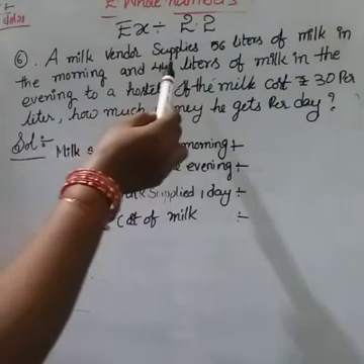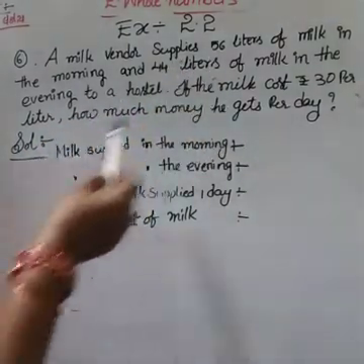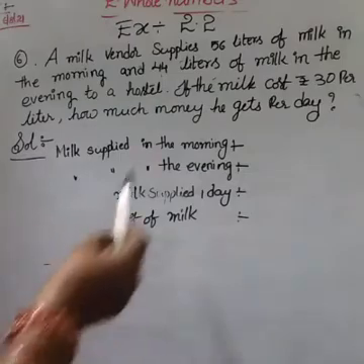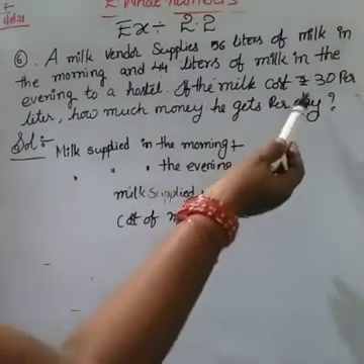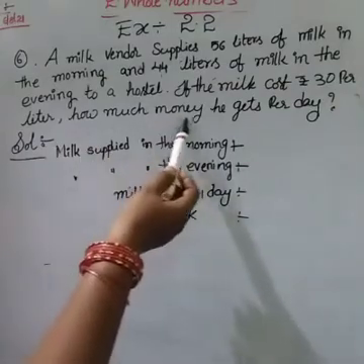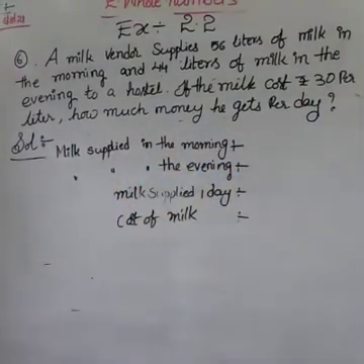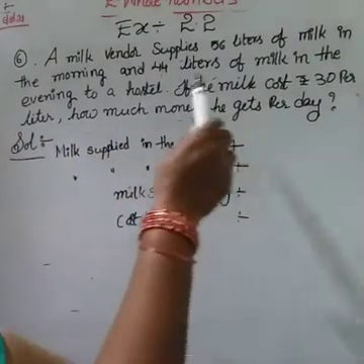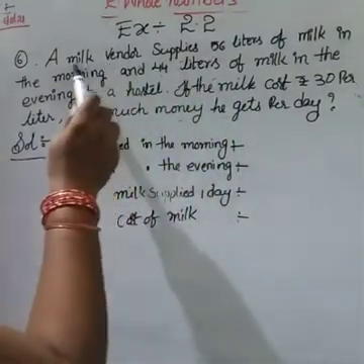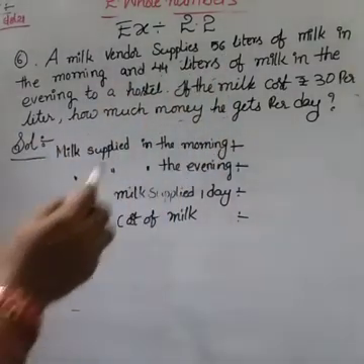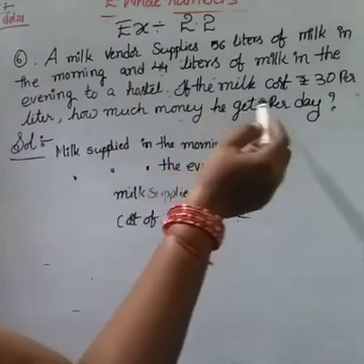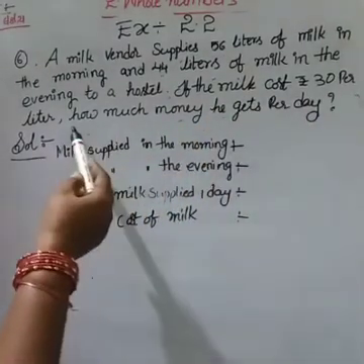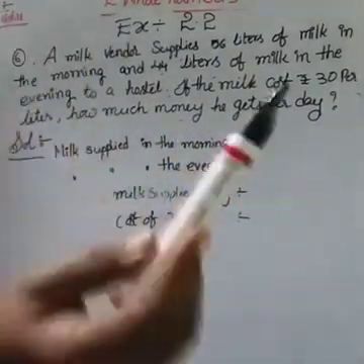If the milk costs 30 rupees per liter, how much money does he get per day in total? Morning, the milk vendor supplies 56 liters, evening 44 liters. So 1 liter cost of milk is 30 rupees. So how much money does he get in one day?